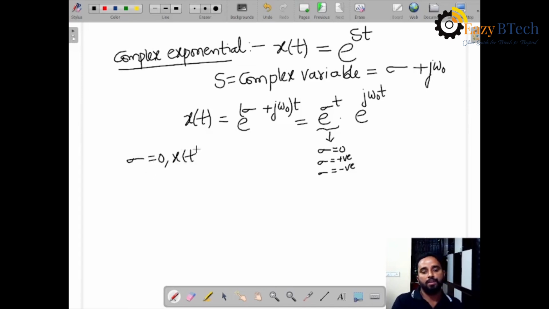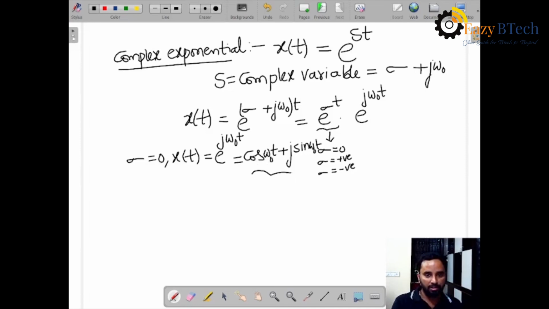X of t will become e power j omega naught t. It is like e power j theta as per Euler's formula: cos theta plus j sin theta, that is cos omega naught t plus j sin omega naught t.